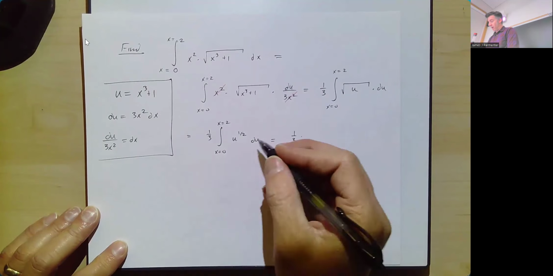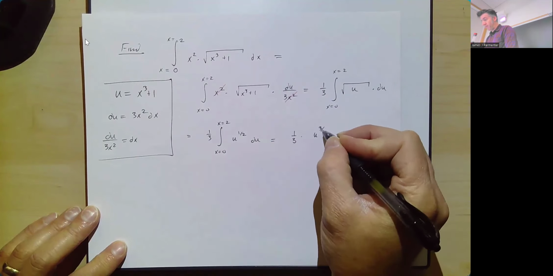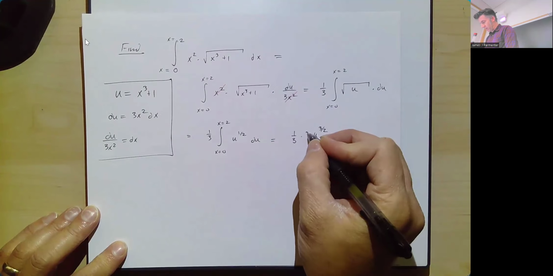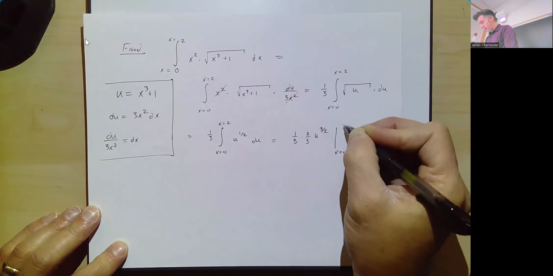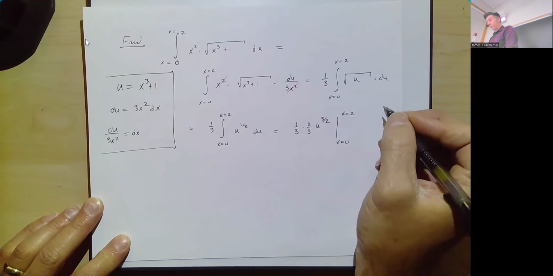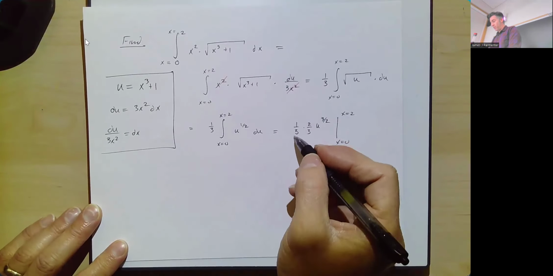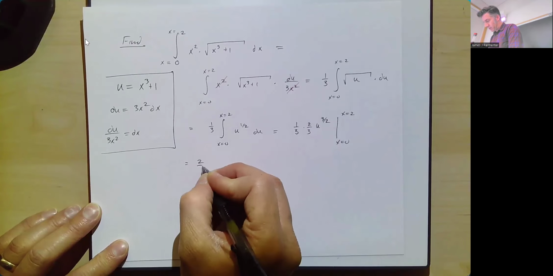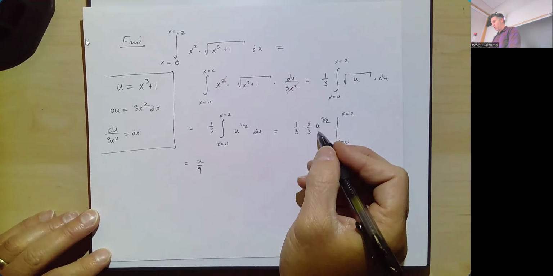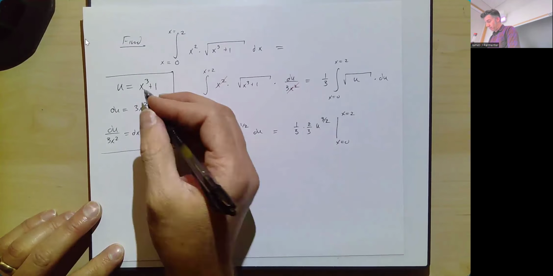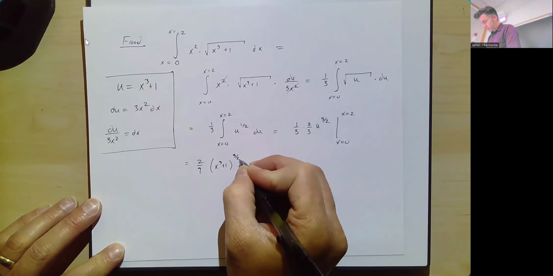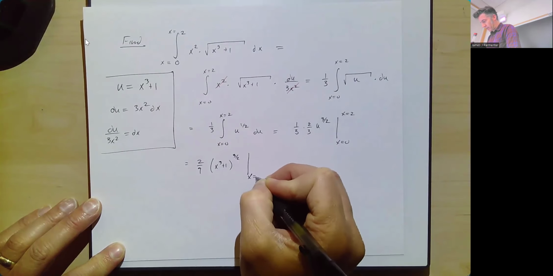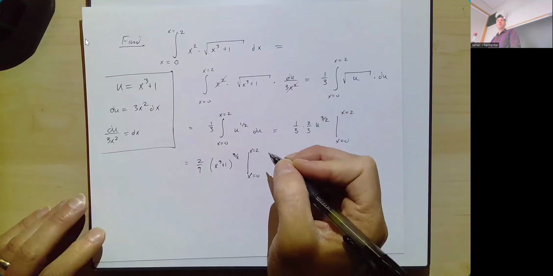The integral of u to the 1/2 is u to the 3/2 divided by 3/2, or times 2/3, from x equals 0 to x equals 2. We then multiply 1/3 times 2/3 to get 2/9. We plug back in the fact that u is equal to x cubed plus 1. And now we can plug in x equal to 0 and x equal to 2, although 2 first, 0 second.